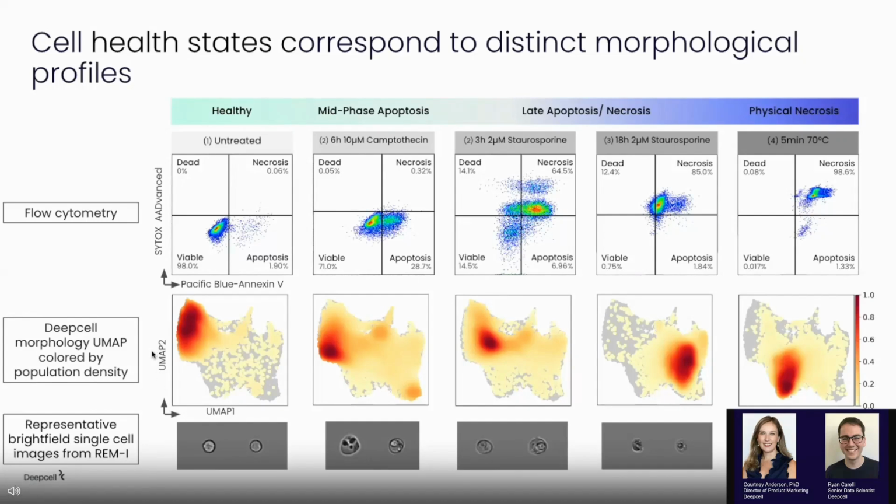These are based on REM I images of cells from each condition, and the color is according to the proportion of cells that are in each region of the UMAP plot. So cells are accumulating in the area of the plot which is more red. You can see that cell morphology is clearly altered between conditions. And by looking at cells sampled from each condition, you see that each condition has characteristic morphological features.